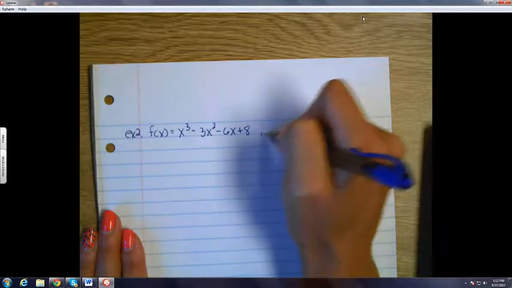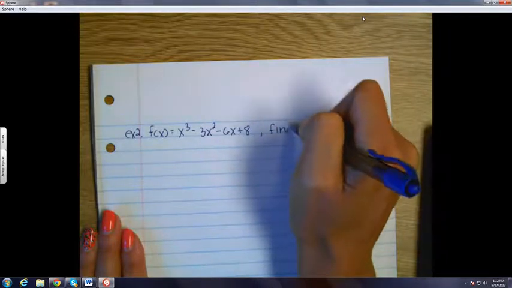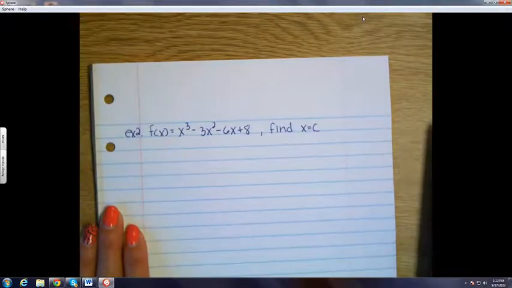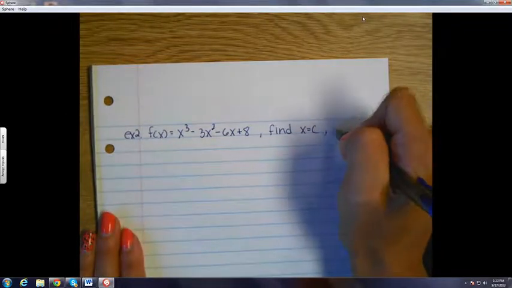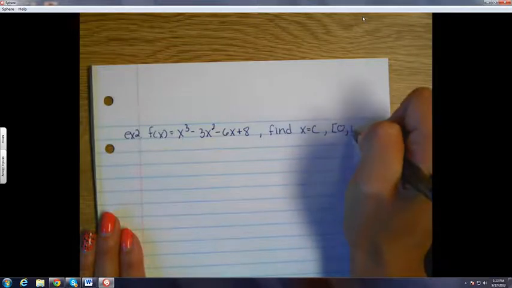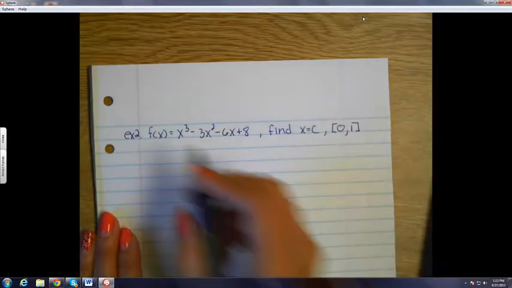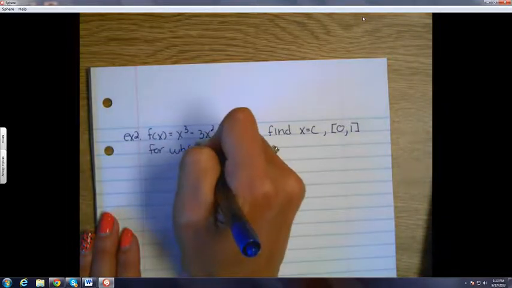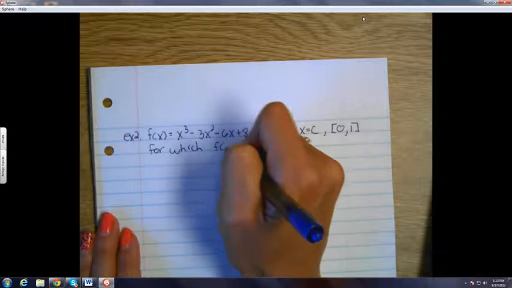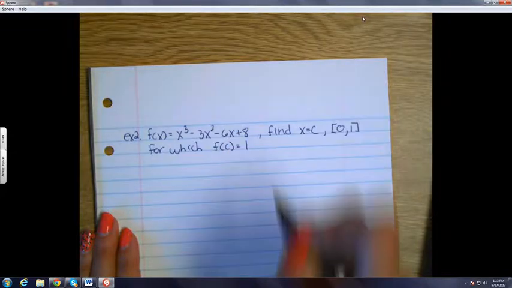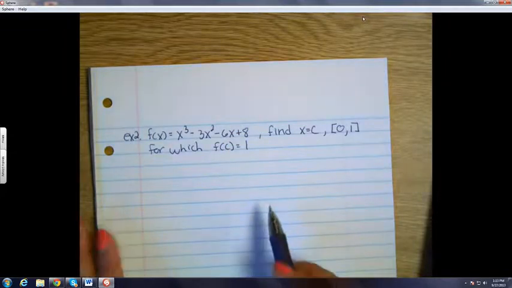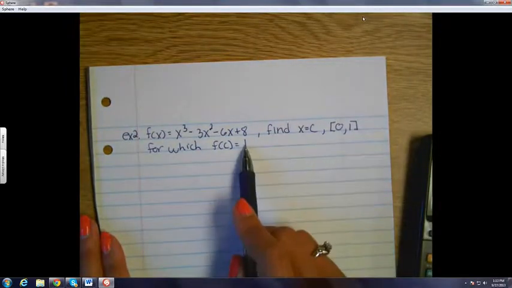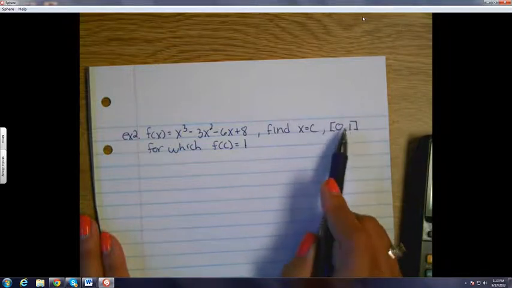We're going to find a value of x, which we'll call c, between 0 and 1, for which f of c equals 1. Okay, let's first graph to make sure that we can find this value, so that this 1 comes out in between the two y values here.